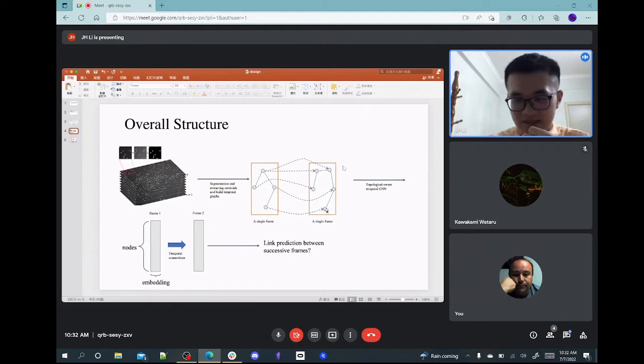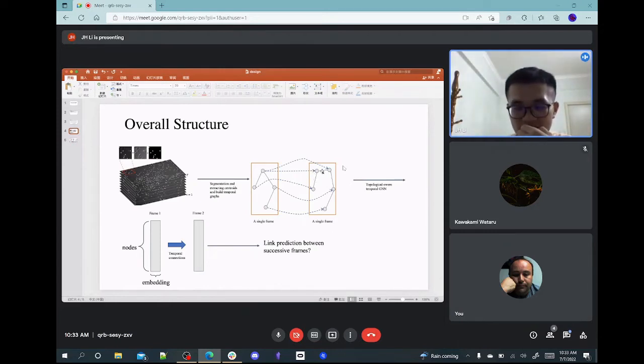They only connect nodes between two frames with such temporal connections, and this temporal connection in their work is the directed edges in a directed graph neural network, and they just propagate information like a graph neural network would do.